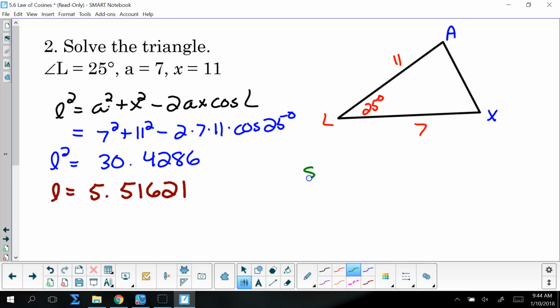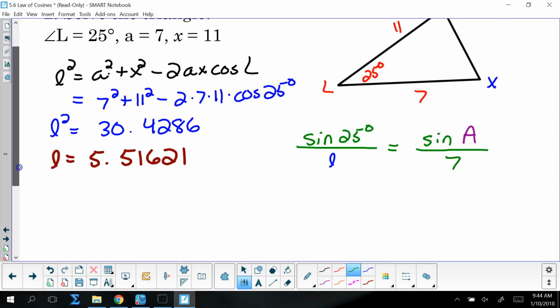So this would be the sine of 25 degrees divided by side L is going to equal the sine of angle A divided by 7.